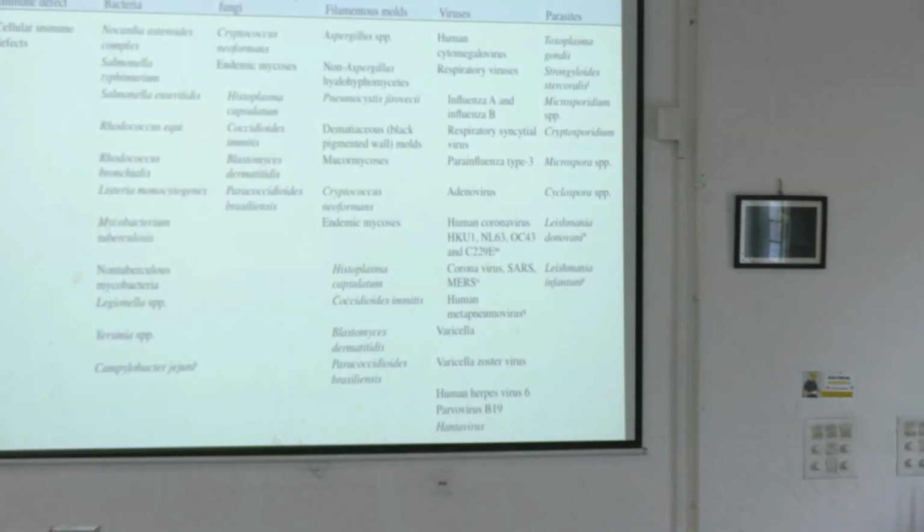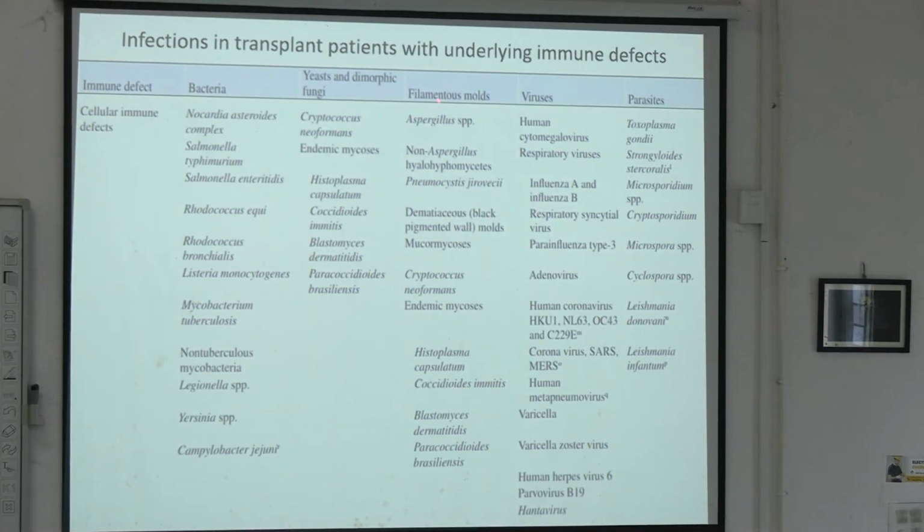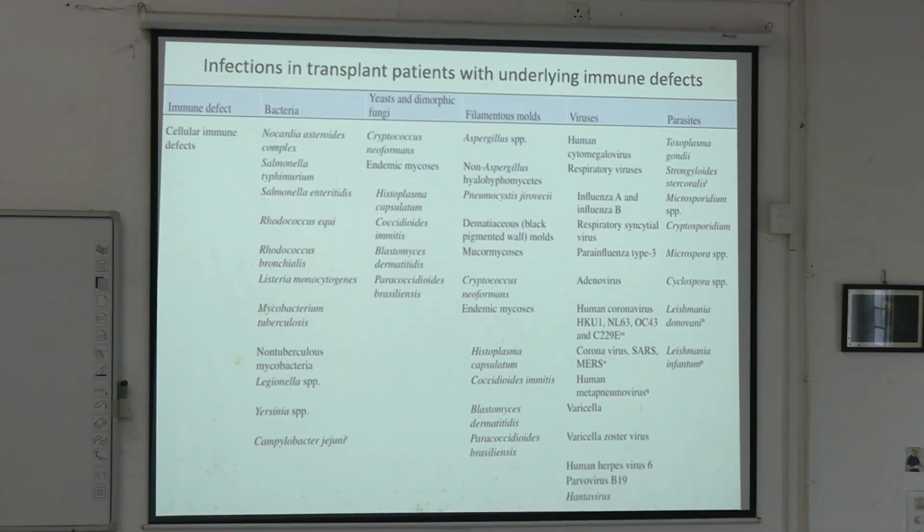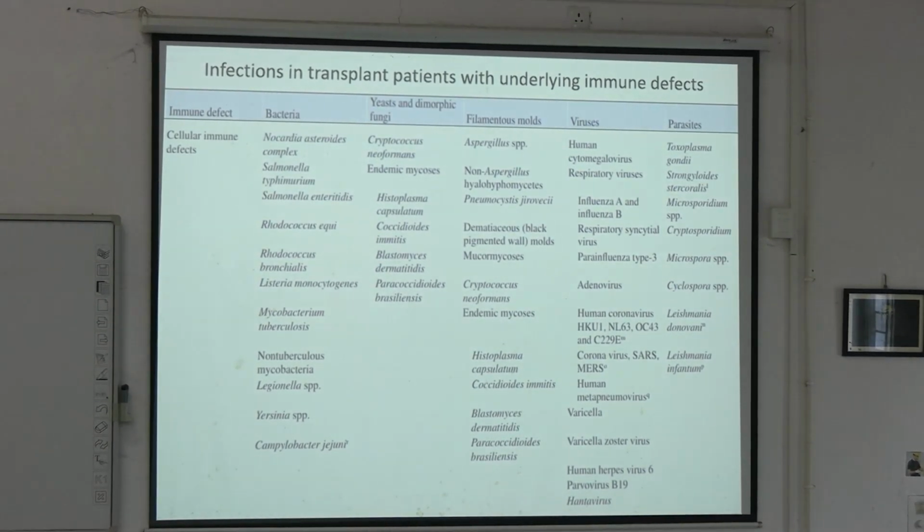If we look at the defects of the cell-mediated immunity, we will observe that the bacterial infections are mainly caused by intracellular bacteria, including Mycobacteria and Nocardia, and other organisms like Salmonella and Rhodococcus. These can cause the infections. Similarly, defect in the cell-mediated immunity may result in infections predominantly with the filamentous fungi, and as far as the yeast is concerned, cryptococcal infections are very common.